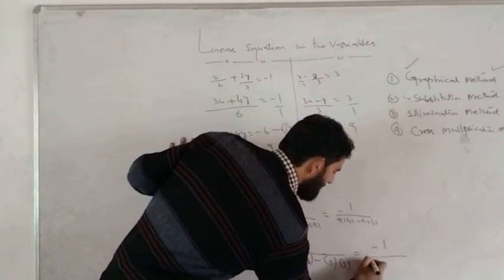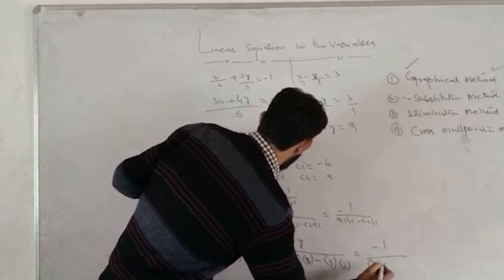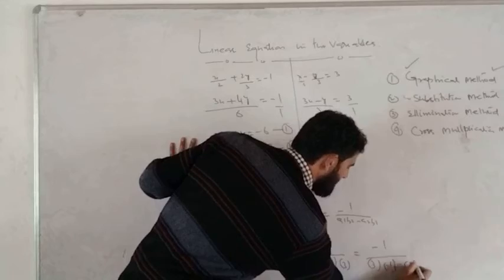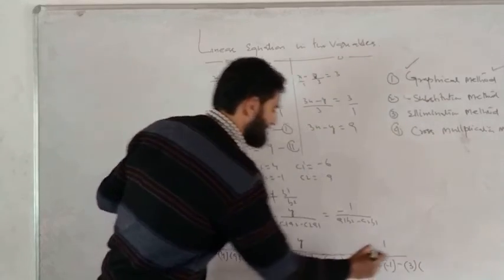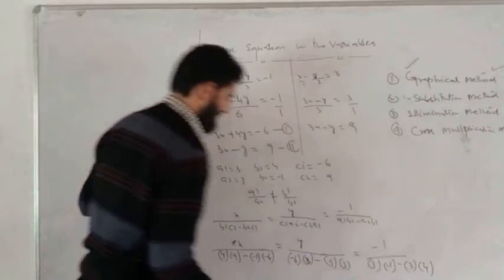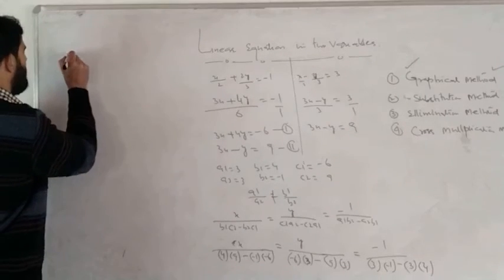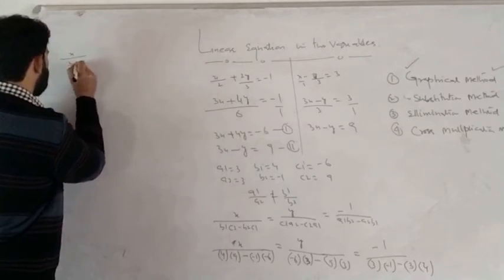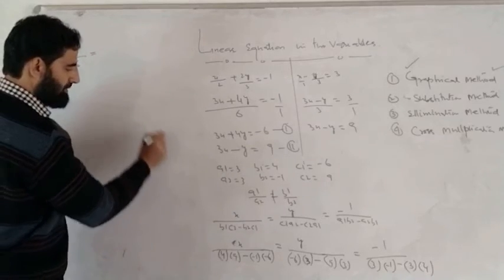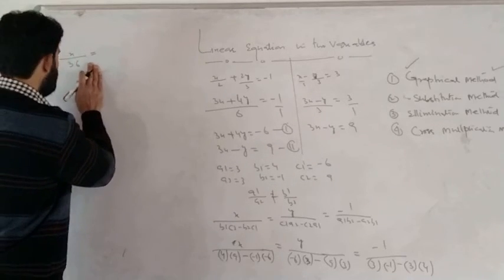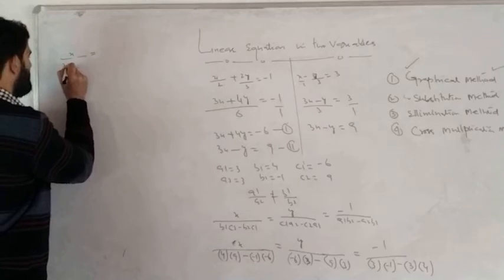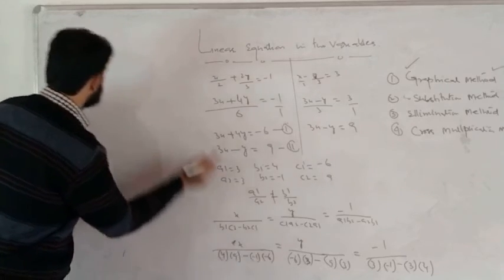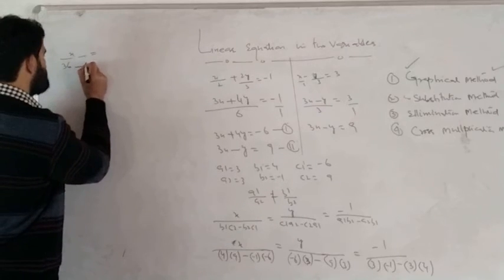a1 is 3 into b2, b2 is minus 1, minus a2, a2 is again 3, into b1, b1 is 4. So let's solve it further. x divided by 4 9s are 36, minus into minus is plus, into minus again minus, 6 1s are 6.